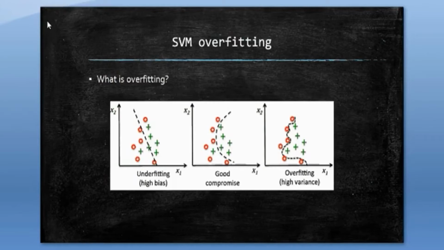But when I try it on any other data not included in the training set, the model will fail to classify it right. So here we see the same data trained on 3 different models.